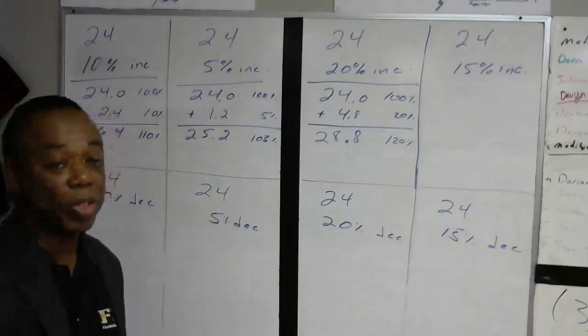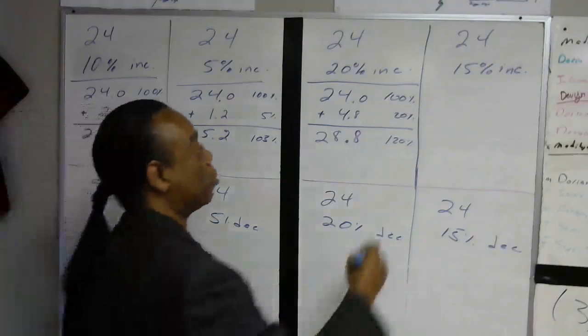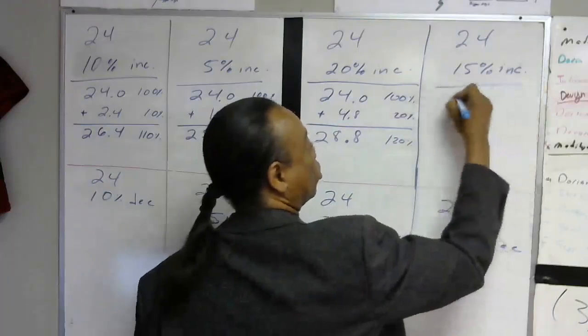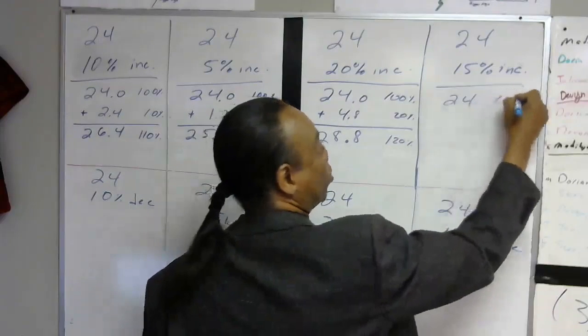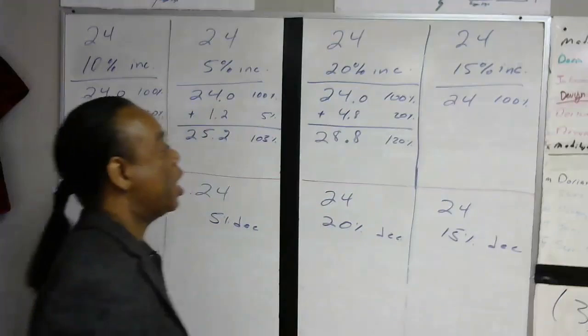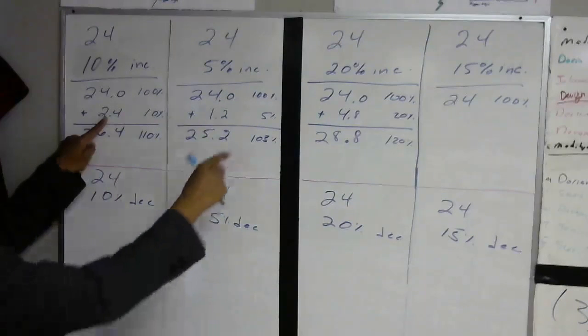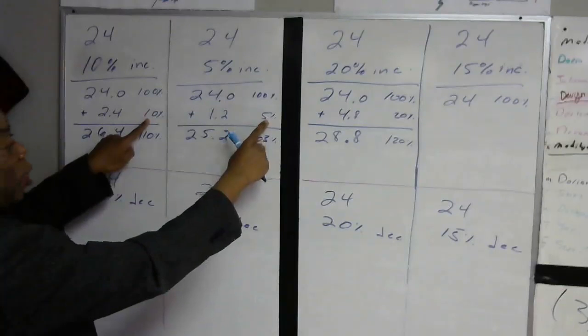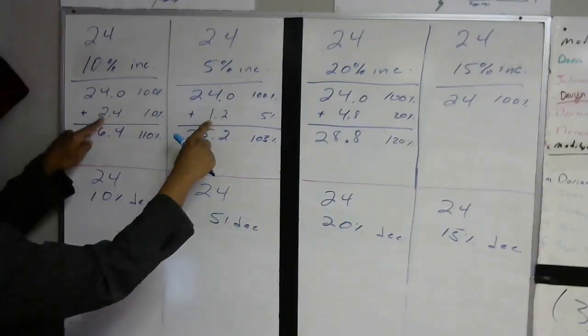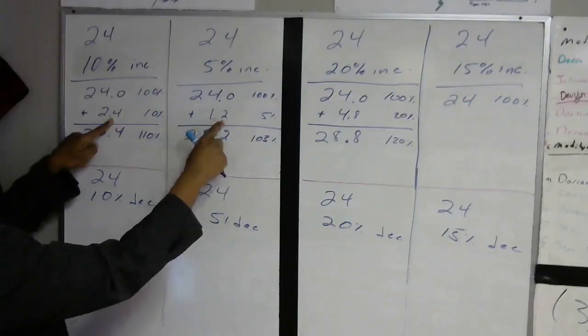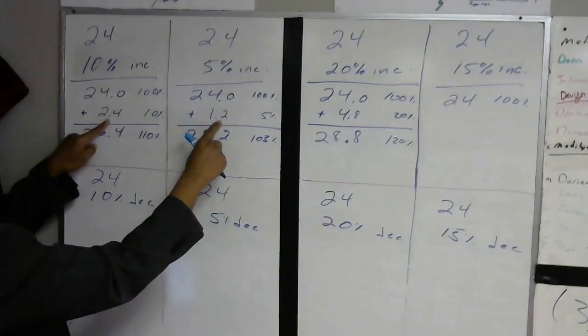A 15% increase. First, let's find 15%. We start with 24, which represents 100%. And to get my 15%, I'm going to look at my 10% and my 5%. That's 2.4 and 1.2. I'm going to add these together, and I'm going to get 3.6.